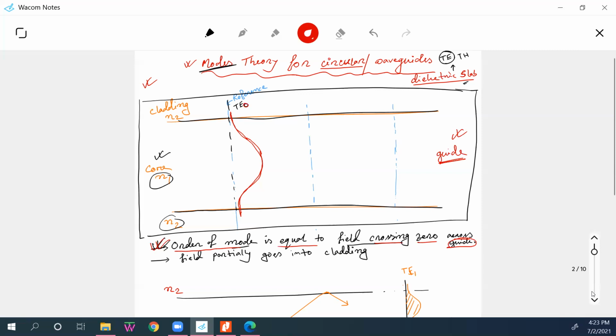Let's see how transverse electrical 1 looks. How many crossings here? One crossing, so this is transverse electrical 1. Let's say transverse electrical 2.